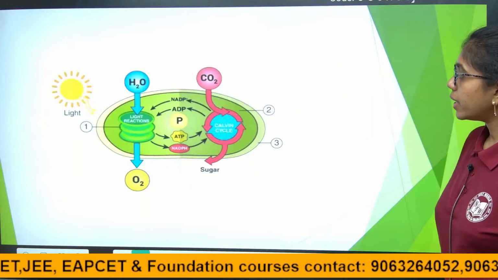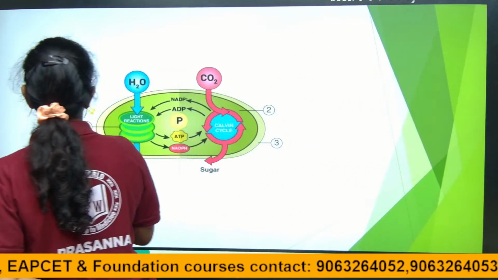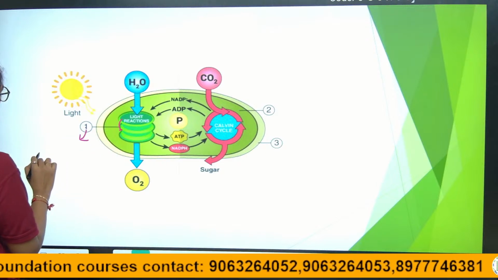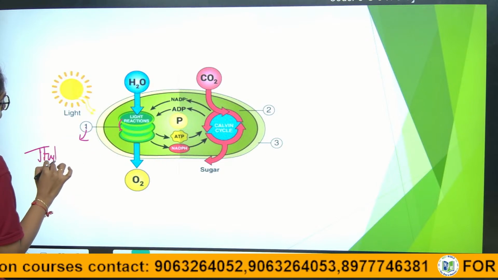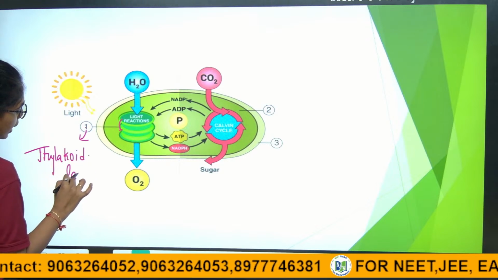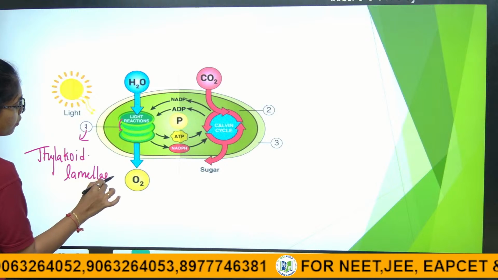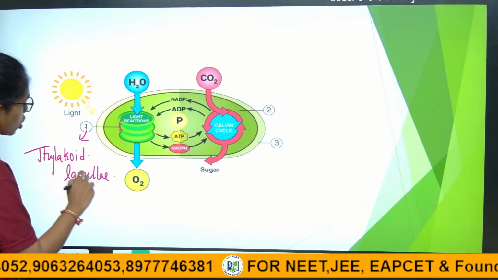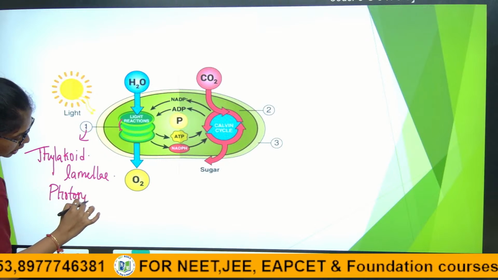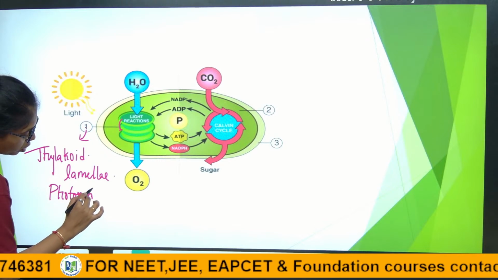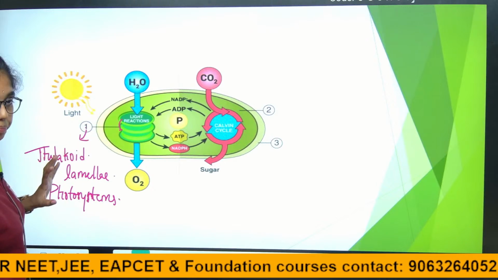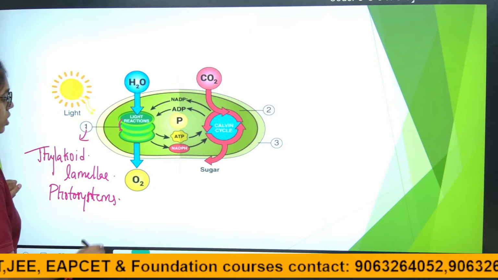First, absorption of light takes place in the thylakoid membrane or thylakoid lamellae, where the light energy is absorbed by photosystems present in it, okay.